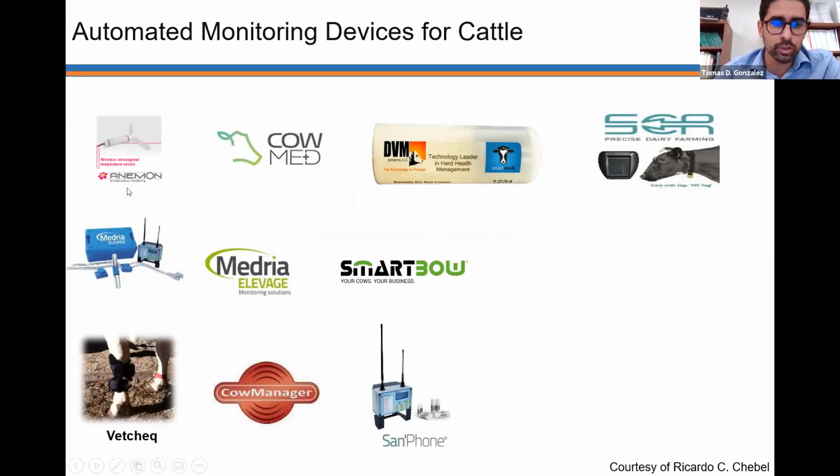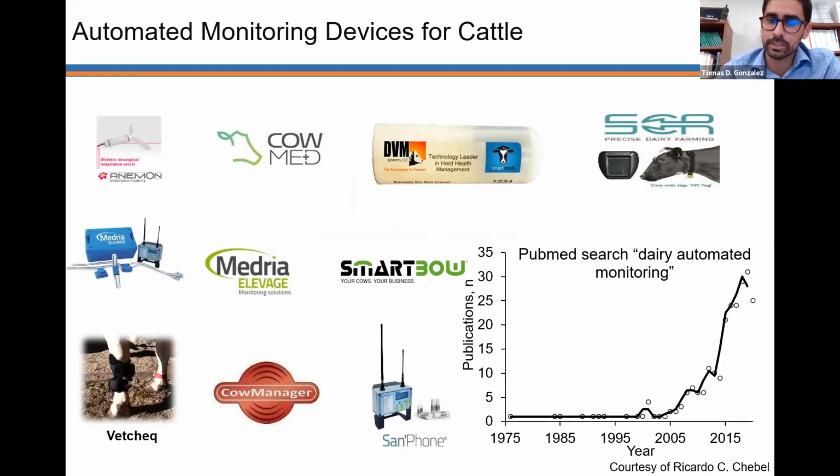So these are different tools you can use to see the animals that are in heat. And research on this has been increasing in recent years. In PubMed, for example, around the year 2007, publications about monitoring devices in dairy show an exponential increase.